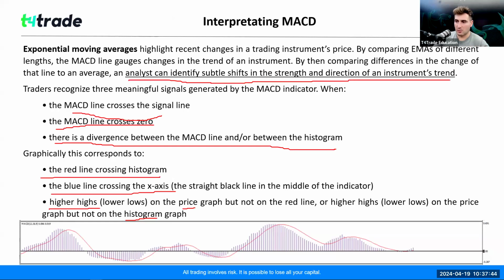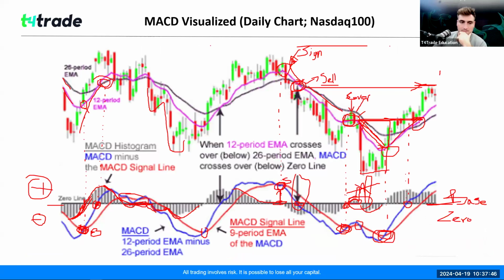Let's see if we can spot that here. So we see the price action making higher highs, without a doubt, whereas the histogram does not. This is divergence. This does not coincide. The histogram bars are not coinciding with the price action in this kind of region right here.